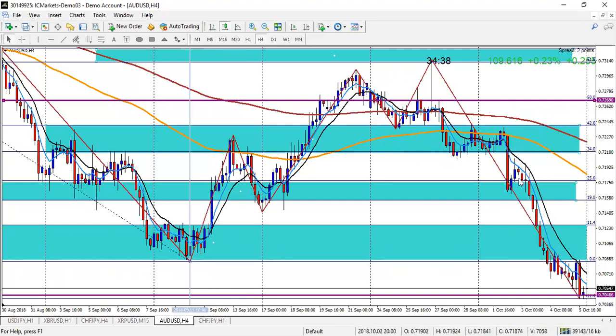And it's telling us, like, listen, that the sellers are in charge. So we could have got into this trade here and written it down. Look, it went through our bottom zone. And this is where it kind of is at right now.